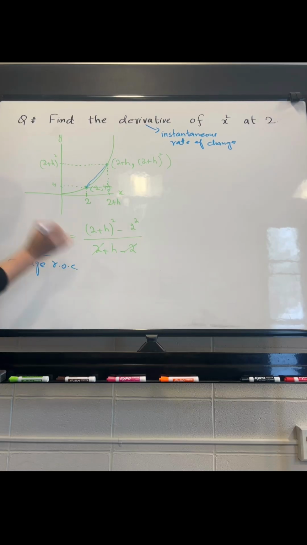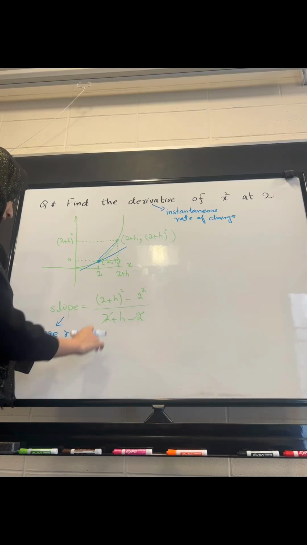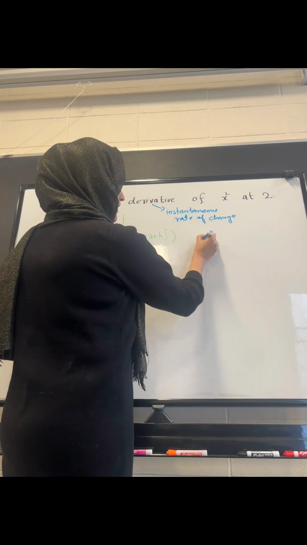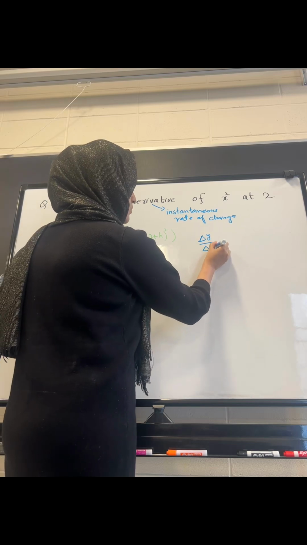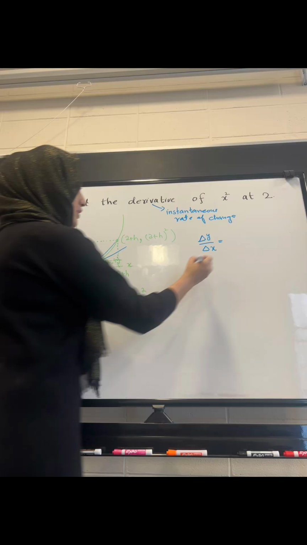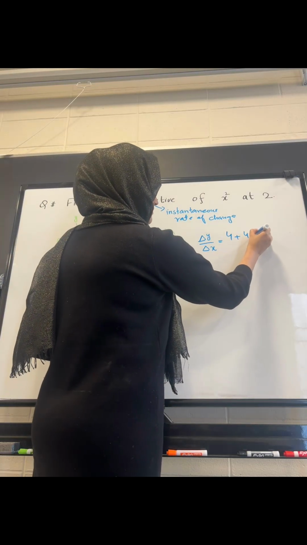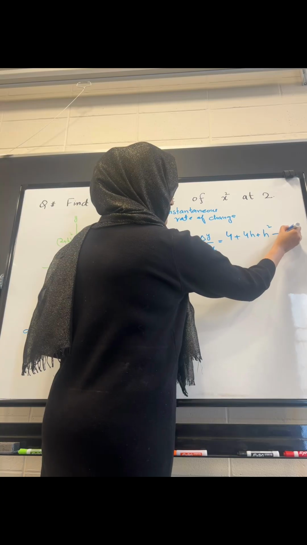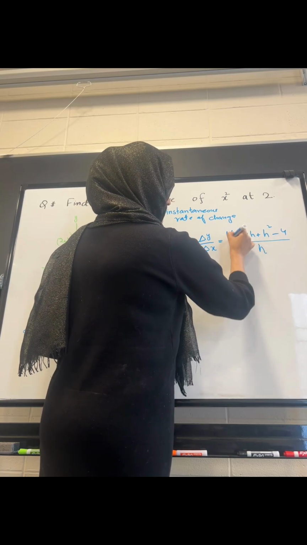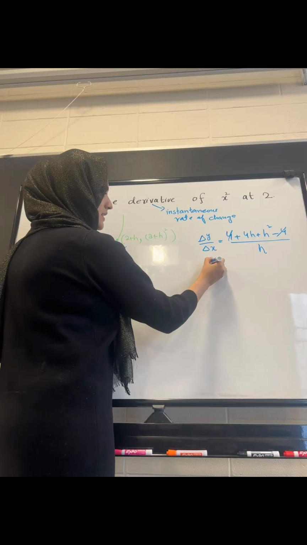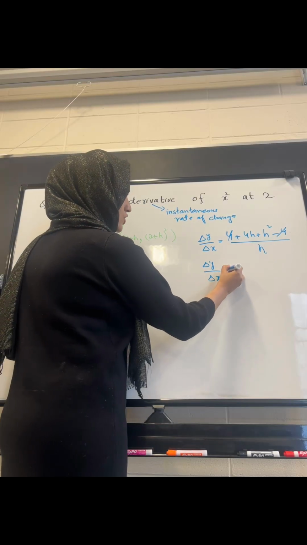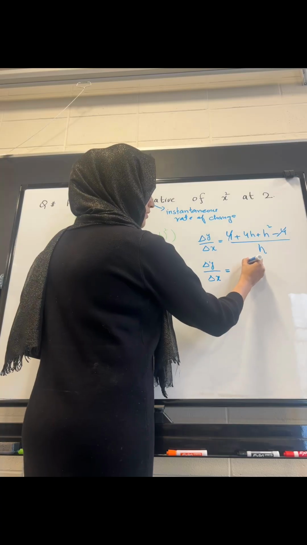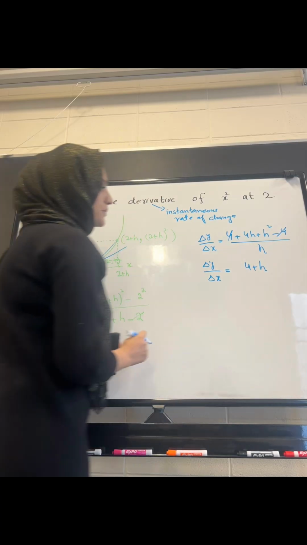Now from here we can find the average rate of change, which is change in y with respect to change in x. We can find it here, minus 4 divided by h. By simplification, we will get the average rate of change as 4 plus h, right?